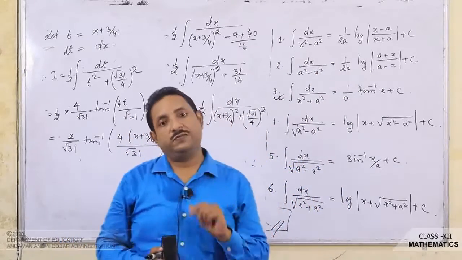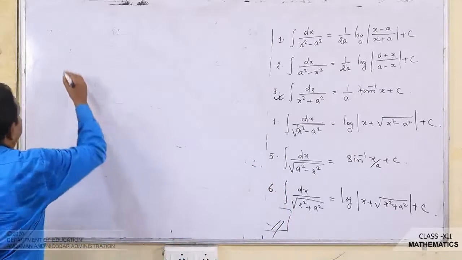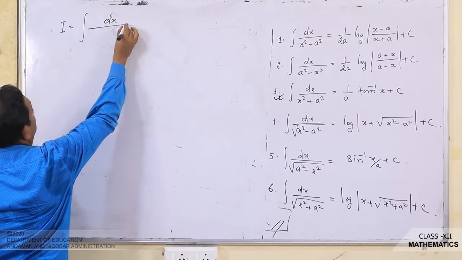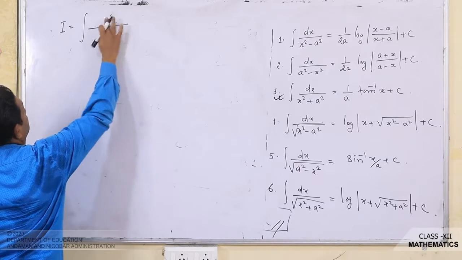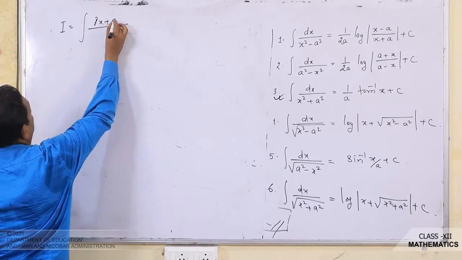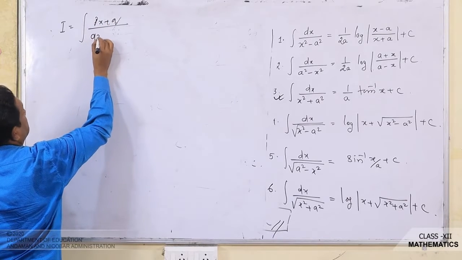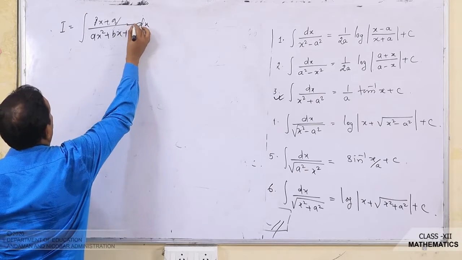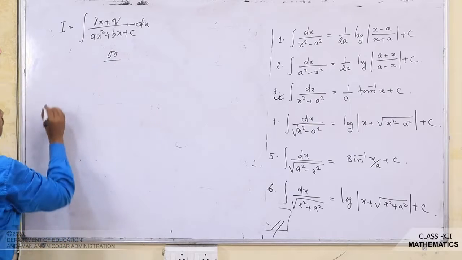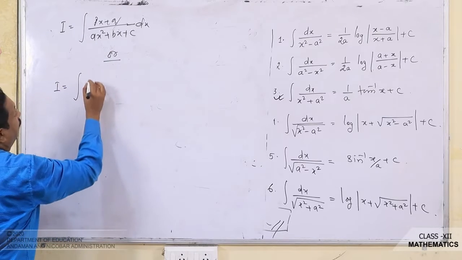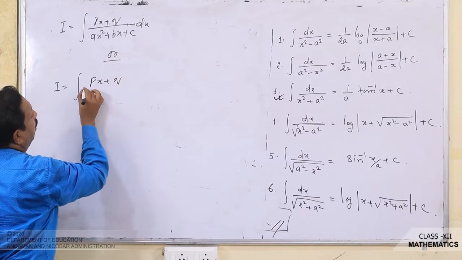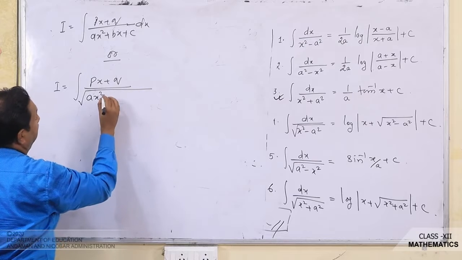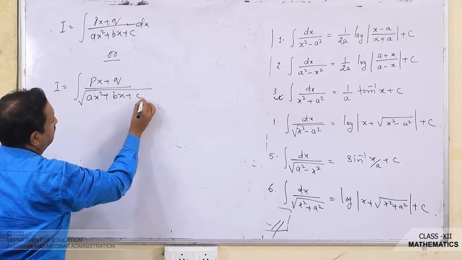So, there are 2 forms of such type of problems. Suppose you are given the integration of px plus q upon a x square plus bx plus c dx, or I equal to the integration of px plus q upon root under a x square plus bx plus c.